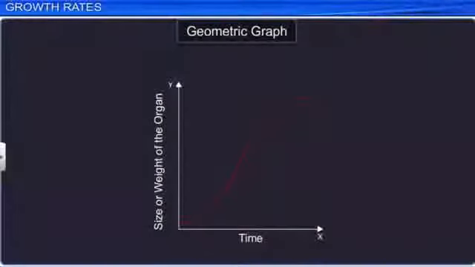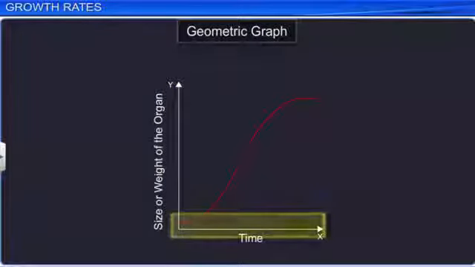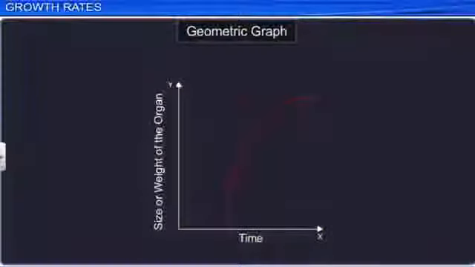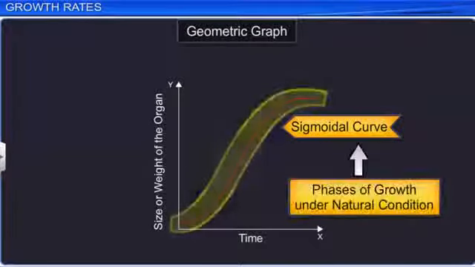We can plot a graph for geometric growth by taking the length of the plant part on the y-axis and the time taken for growth on the x-axis. An S-shaped sigmoidal curve is obtained. The curve depicts the different phases of growth in living organisms under natural conditions.